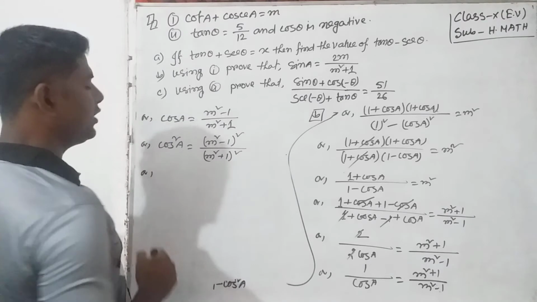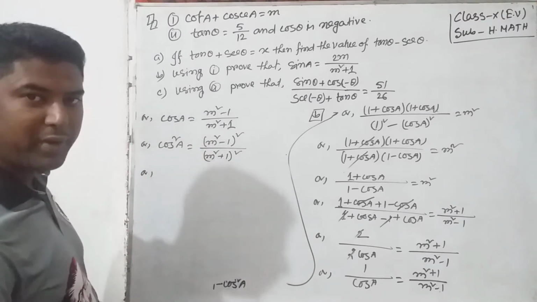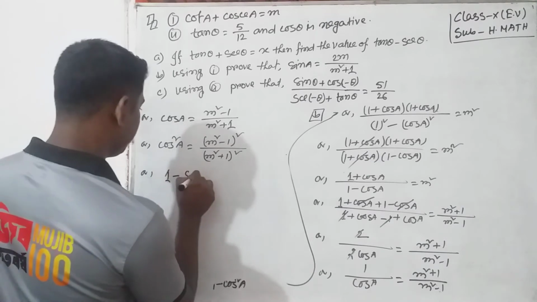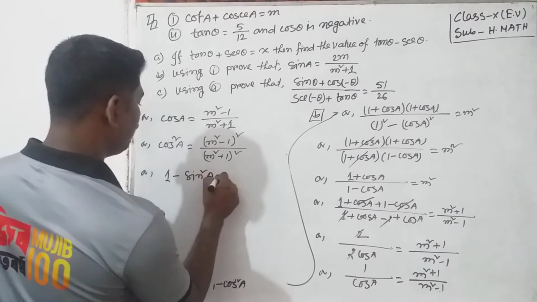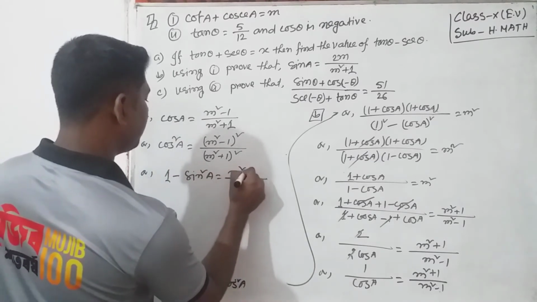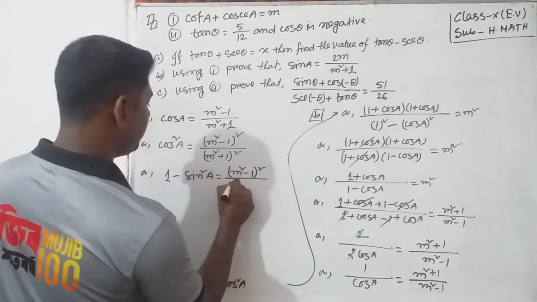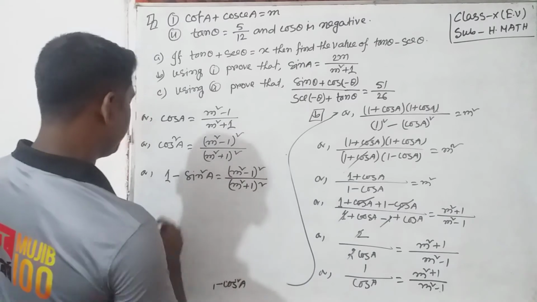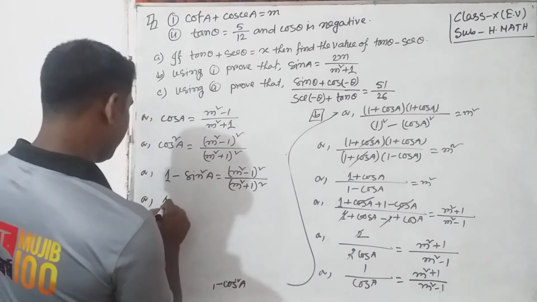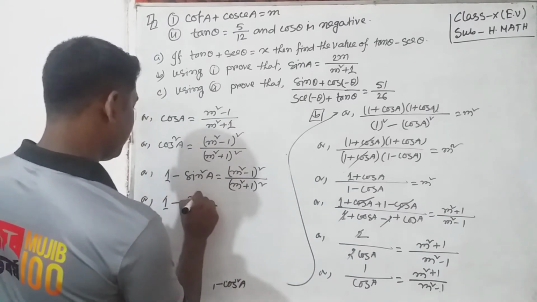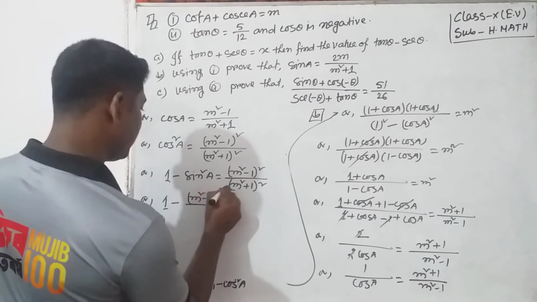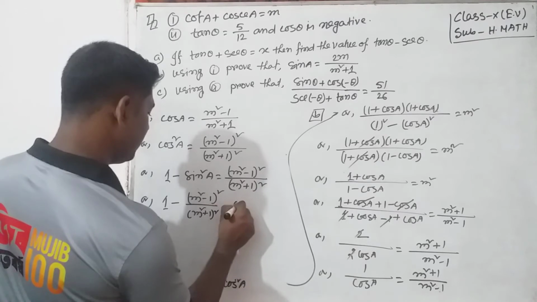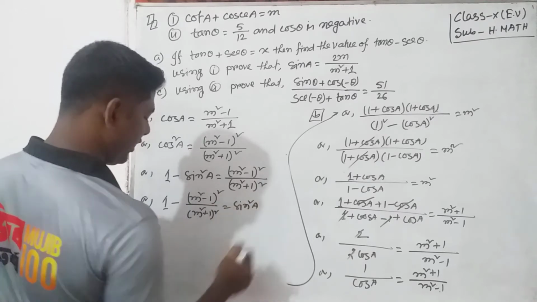We know cos square theta equal 1 minus sin square theta, so we can write 1 minus sin square A equal m square minus 1 whole square by m square plus 1 whole square, or 1 minus m square minus 1 whole square by m square plus 1 whole square equal sin square A.